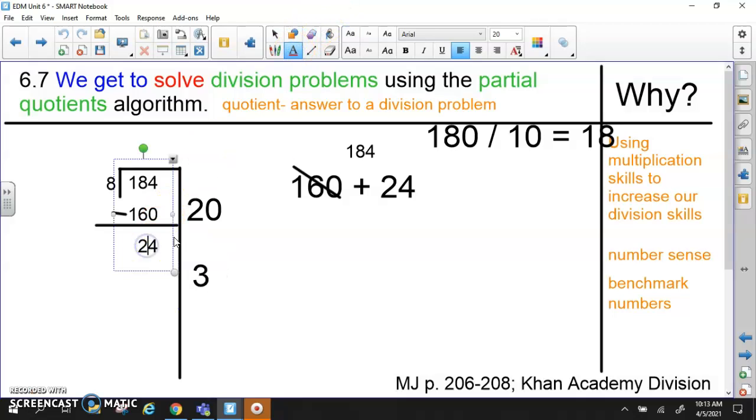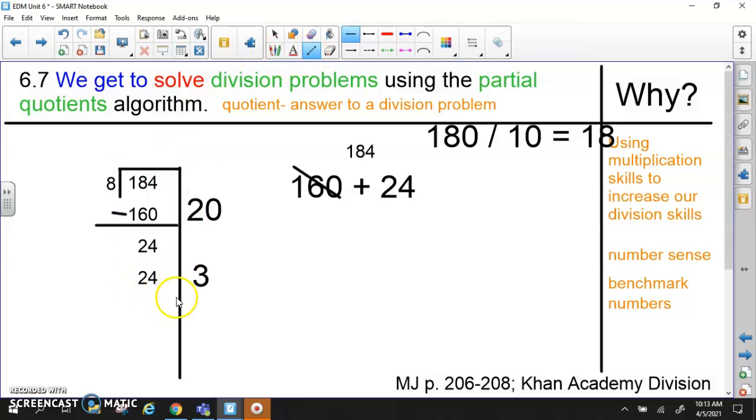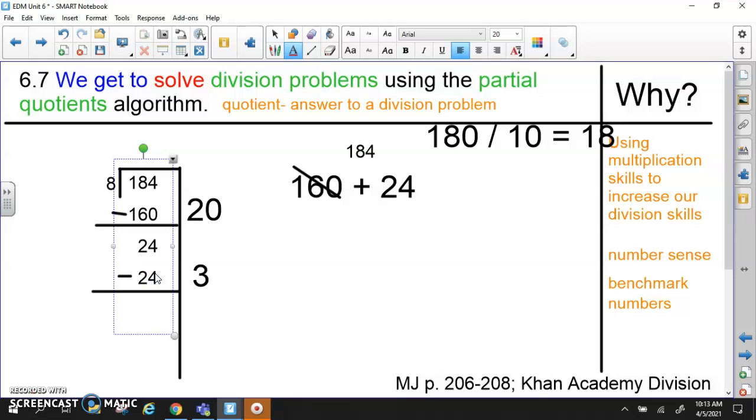What else do I have to divide? Do I have to divide anything else here? No, there's nothing left over. So there's no remainder to be divided, right? 24 minus 24 is 0, so there's nothing to be divided again.